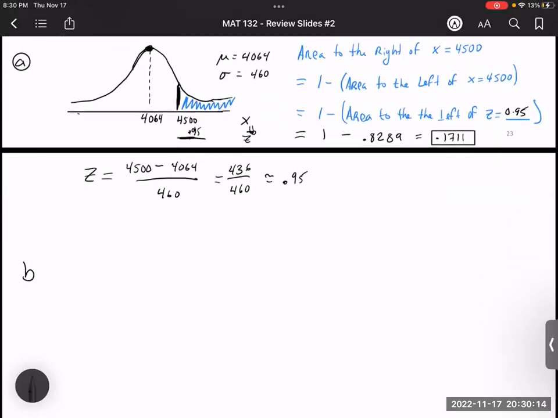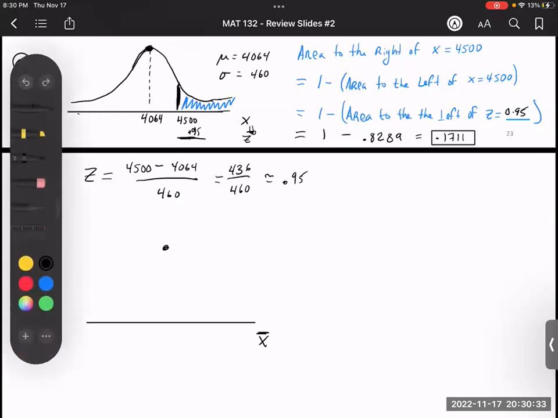Now, because we're dealing with sample means, our variable is no longer x. We're working with x bar. So when you're working with the sample means, we say x bar. The good thing about it is that the mean of your sample means is always equal to the mean of the population.